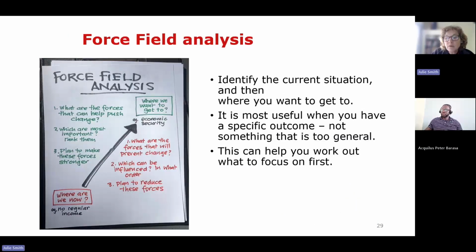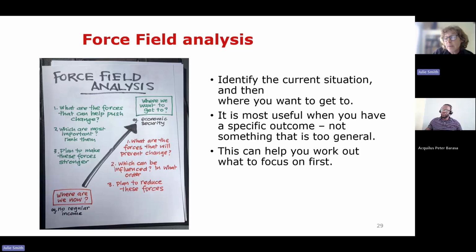The next one, force field analysis, is where you start thinking, where are we now on a specific issue and where do we want to get to? For example, the state we're in at the bottom is that we've got no regular income, and where we want to get to is people having a regular income to be economically secure.